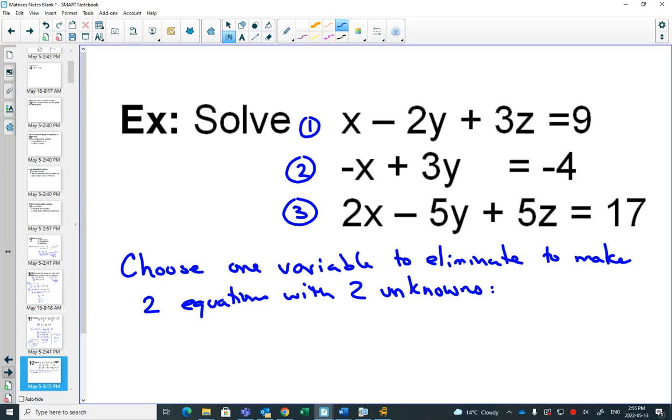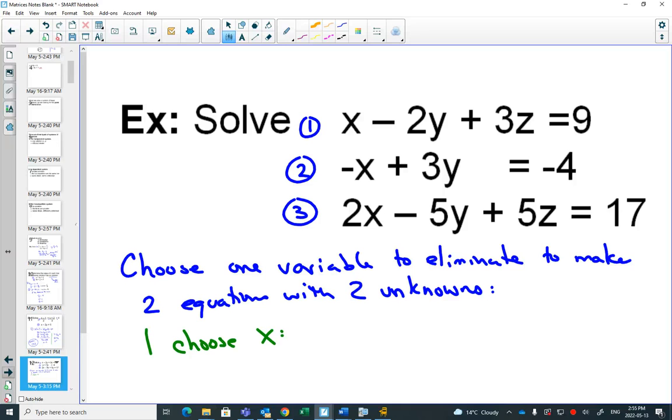I am going to choose x. Mathematically, it would make no difference if you chose y or you chose z. One of the reasons I chose x is because the coefficients of my x seem like they're easy to eliminate. We need to make 2 equations with 2 unknowns.